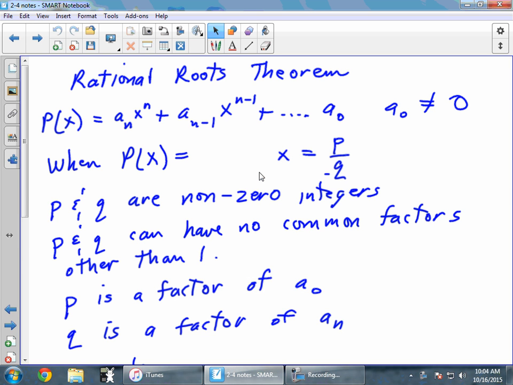But keep in mind that the rational roots theorem is useful once you start into polynomial equations of degrees higher than 2. Because obviously, if we have a second degree polynomial equation, what tools do we have at our disposal?